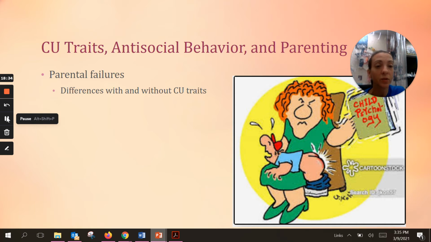So it kind of makes you think that parental practices really don't have an effect at all on those with CU traits, which makes sense because, as we mentioned in the previous slides, they're less sensitive to punishment.